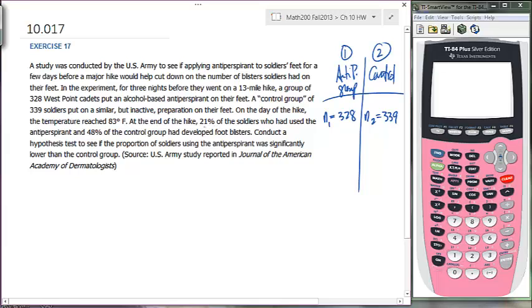So at the end of the hike, 21% of the soldiers who had used antiperspirant developed foot blisters. So let's call this P, I think they call it P hat 1, is going to be 21%. And P hat 2 is going to be 48%.